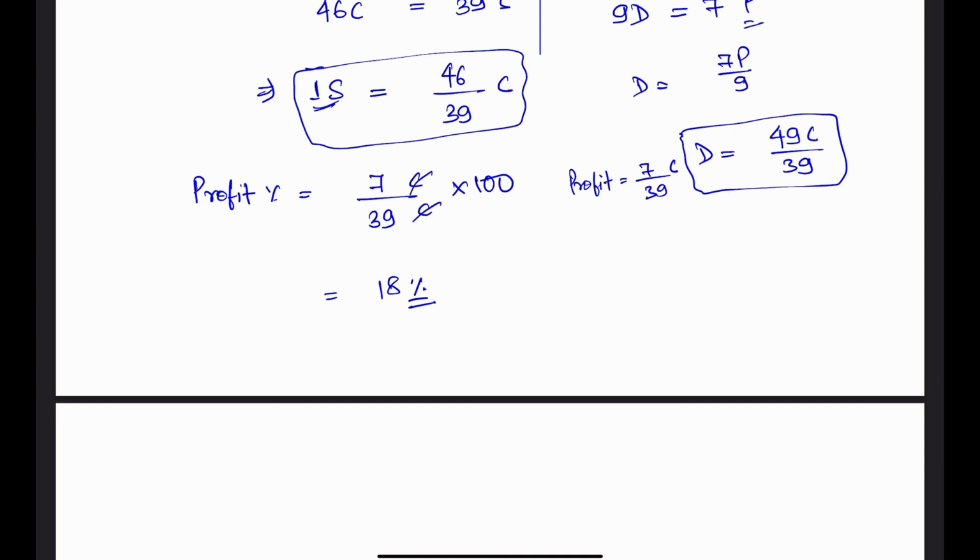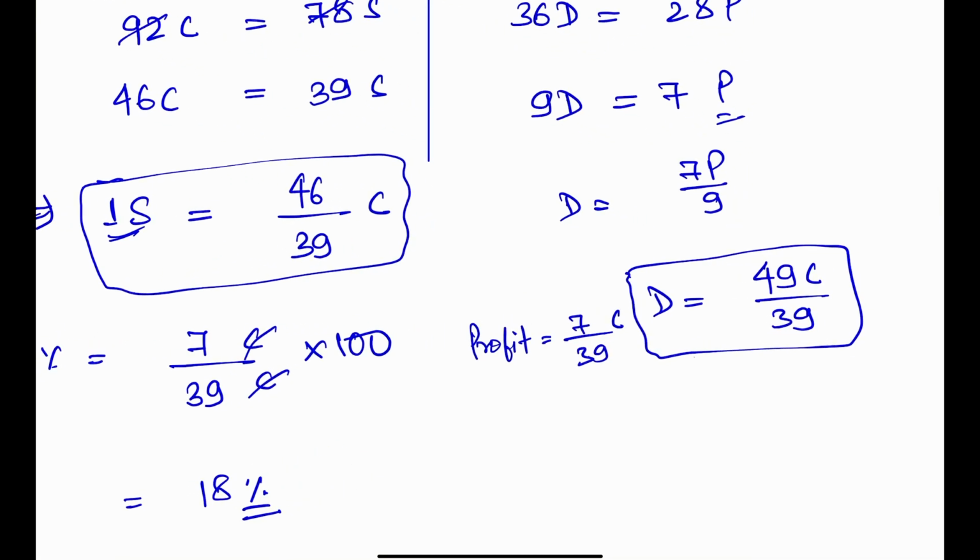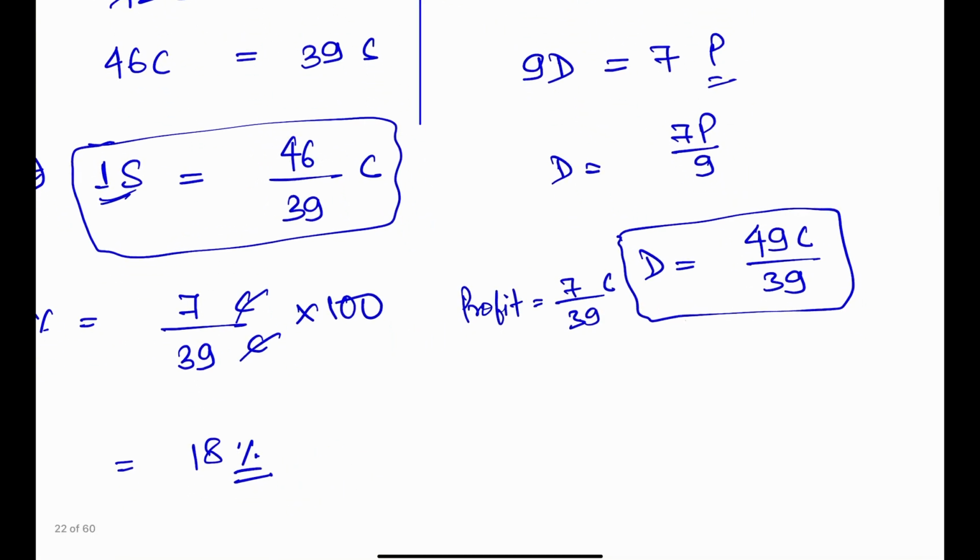Okay, how can I be in the loss? My discount here will be 9, right? So if I replace P, 39 into 9.